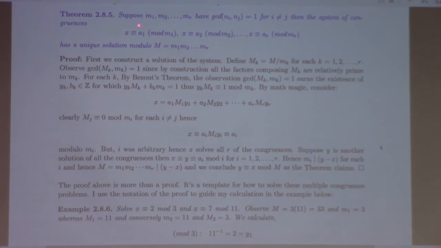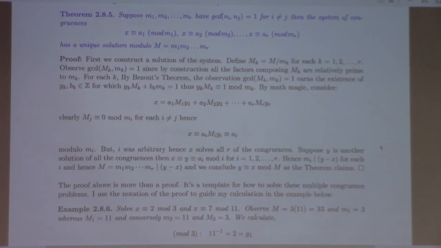And we're trying to solve the system of congruences, x congruent to a1, x congruent to a2, x congruent to ar, each with respect to the respective moduli. The theorem says there's a unique solution modulo M. In other words, there's a single x I can put here, here, here, here, here, and here, such that it solves all of these at once, and that's unique up to this modulus, all right?